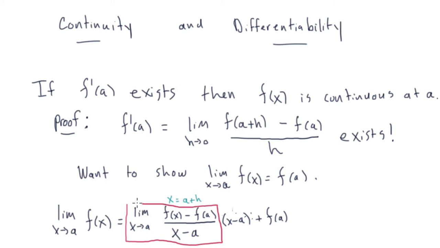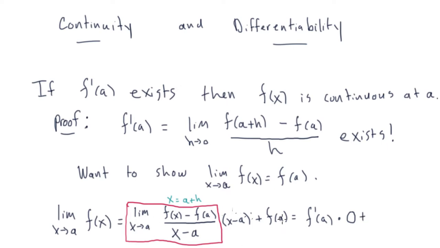So we can actually just apply the limit laws. So I can take the limit of this factor times the limit of this factor. So this is f prime of a times, well, the limit as x approaches a of x minus a is 0, so times 0.